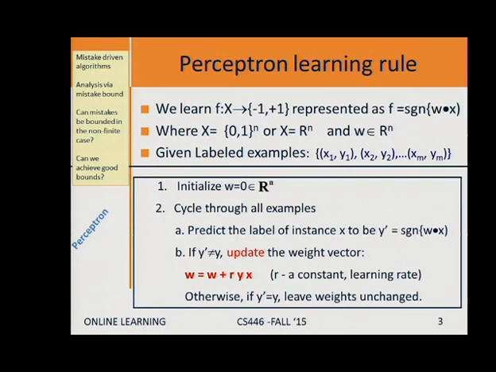We take the old W and add Y times X times some number that we're going to call a learning rate. This means if Y is positive, the example is positive and we thought it's negative, we're going to add X to W. If Y is negative, it's a negative example and we thought it's positive, we're going to subtract X from W.